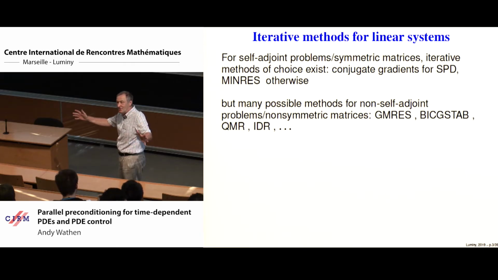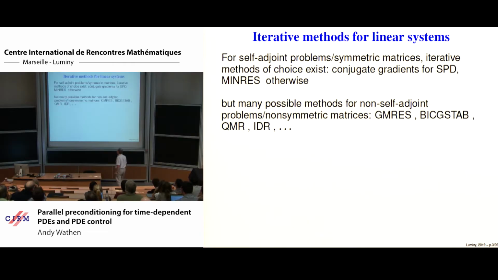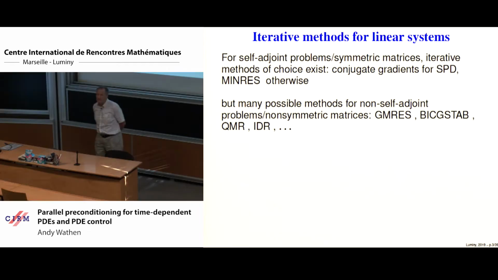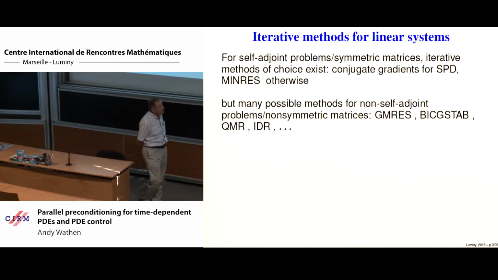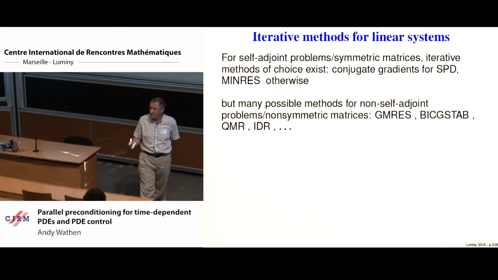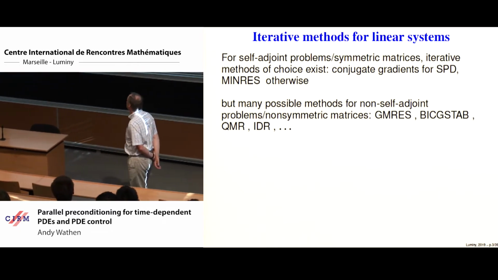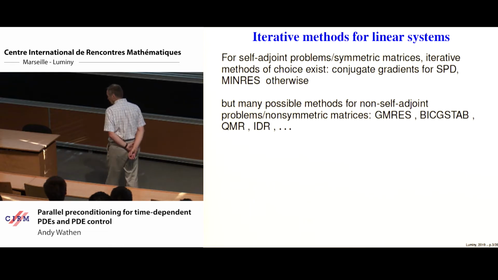That's why I'm inviting criticism. Please disagree if you want to now, but I think that's a fairly incontrovertible statement that conjugate gradients for symmetric positive definite problems, and I would claim with slightly less ardor that MinRes, due to Paige and Saunders, would fulfill a similar role for symmetric and indefinite problems.